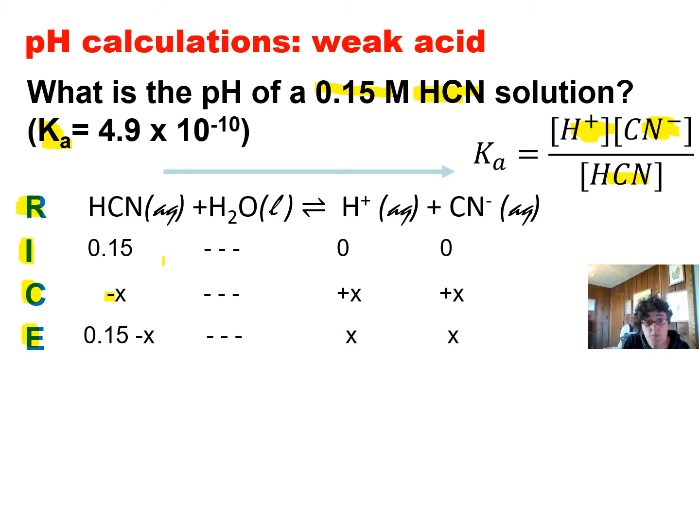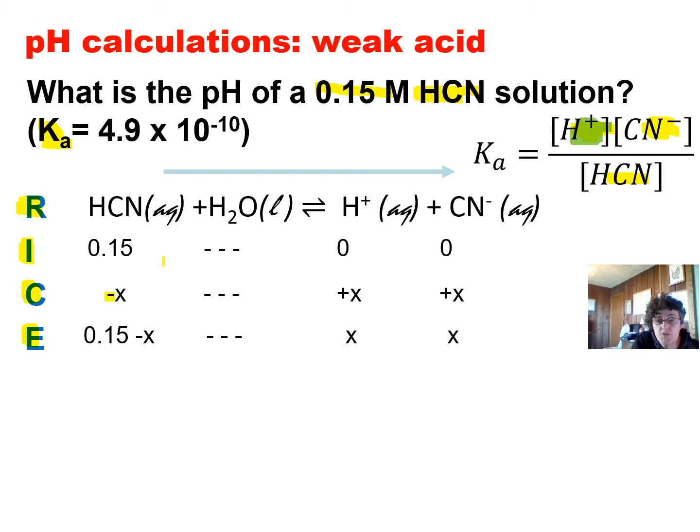Therefore, at equilibrium, I will have 0.15 minus X of HCN left. And the concentration of the H plus and CN minus is going to be identical, and it's going to be X. And that's the X that I want to figure out, because it's the one that I need to plug into the pH calculation.